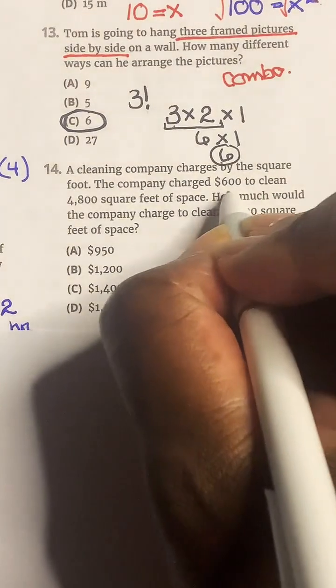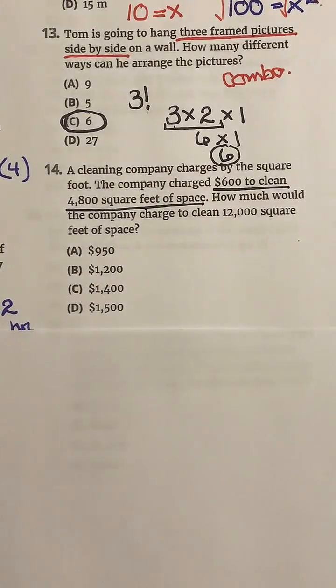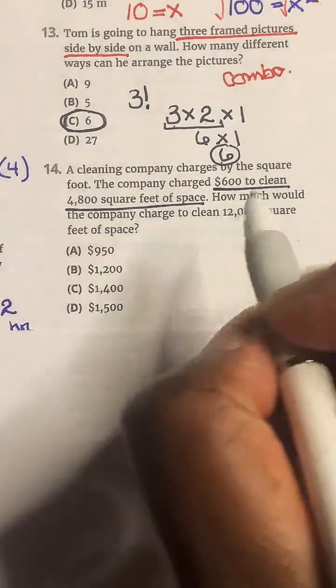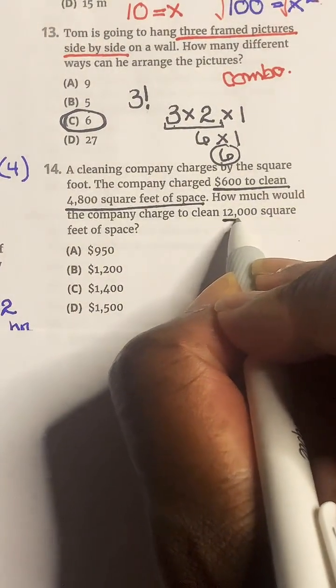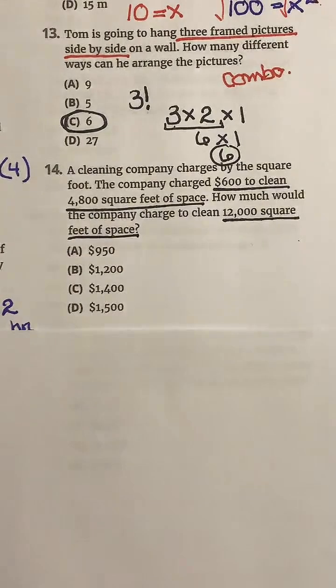If the company's charging $600 to clean 4,800 square feet of space, which ones can we eliminate if I'm going to start cleaning 12,000 square feet of space?